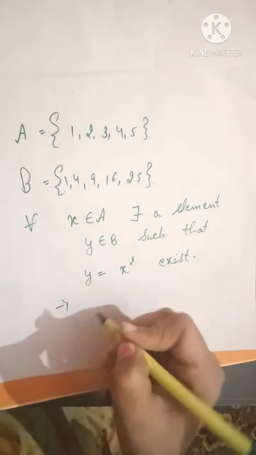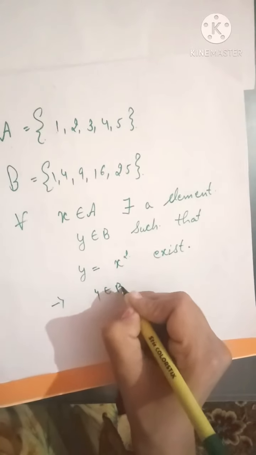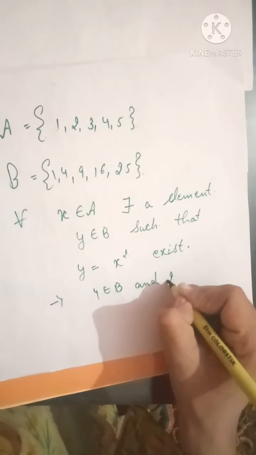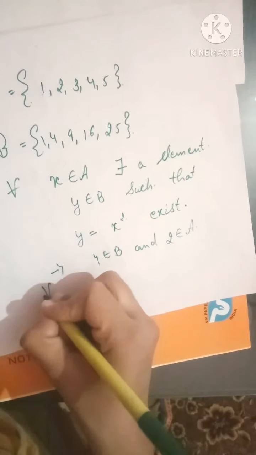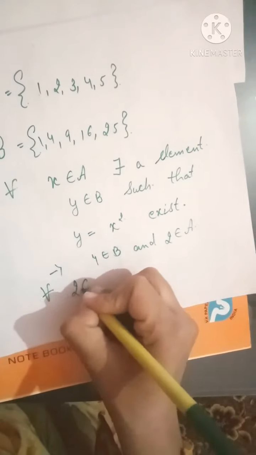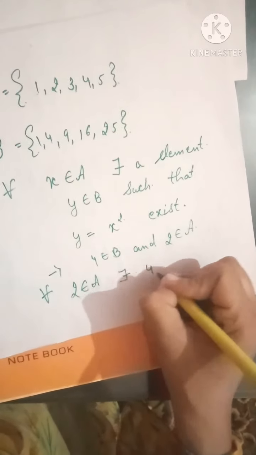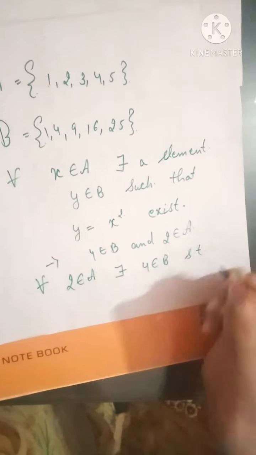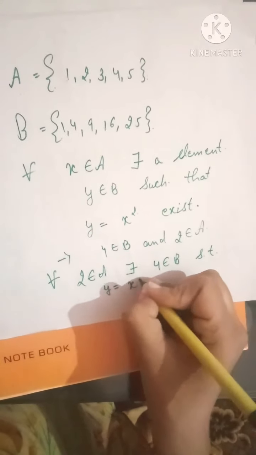Let's see this. I have 4 belongs to B and 2 belongs to A. That is, for all 2 belongs to A, there exists 4 belongs to B such that y is equal to x square.